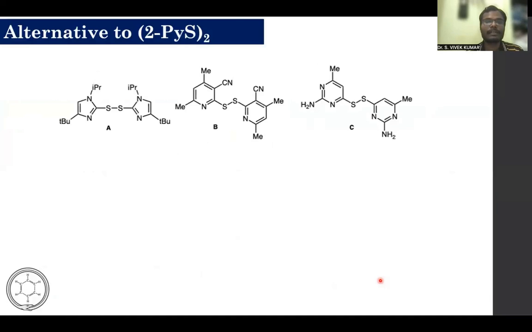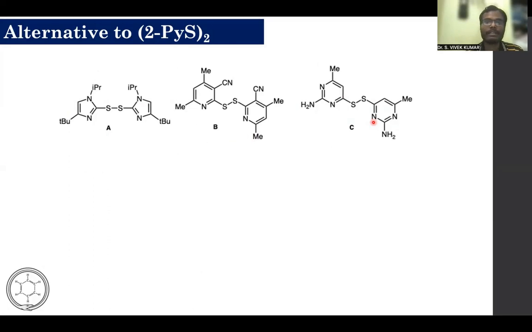Next, we move on to alternatives to 2-pyridyl disulfide. There are several reagents reported instead of 2-pyridyl disulfide. Here are some of the examples. The first one is based on imidazole, the next reagent is based on pyridine, and finally this reagent is based on pyrimidine.